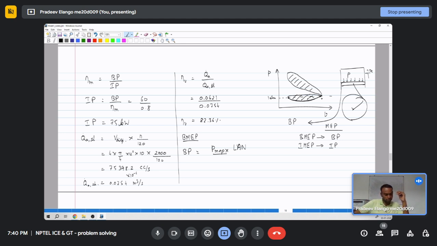So that is the work done by the mean effective pressure on the piston. That is PLA, and N is the engine speed, generally in RPM, so we divide by 60, and this power output happens for every 2 revolutions, right? So we divide by 2 here. So this is the formula for brake mean effective pressure.